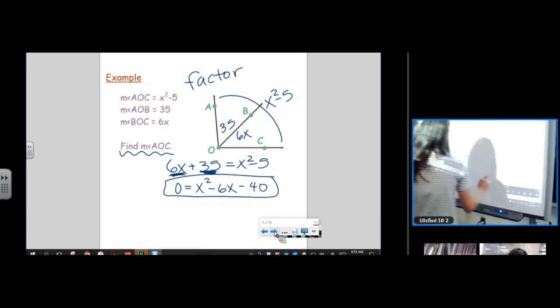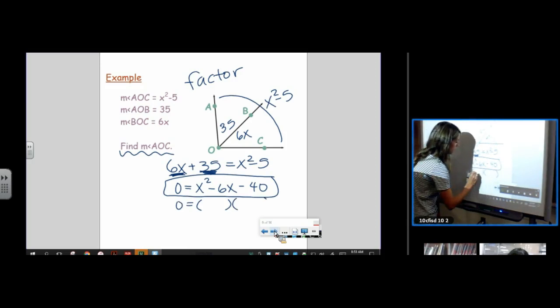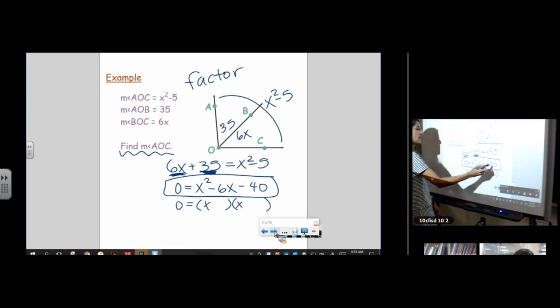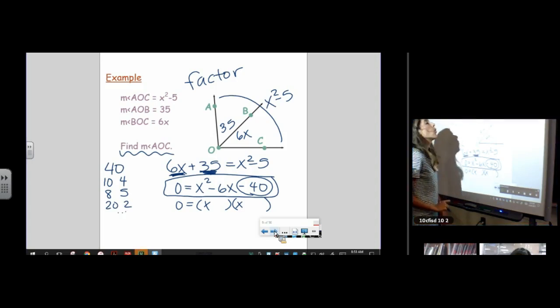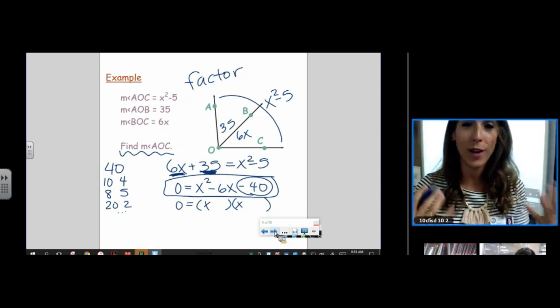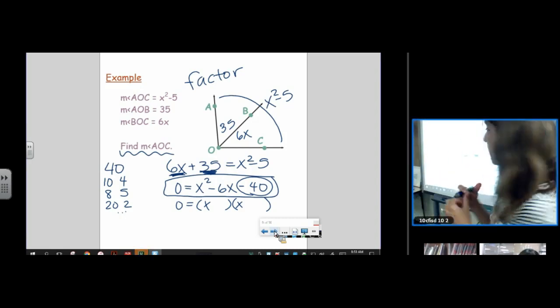When we factor this, we want numbers that multiply to get 40. So we've got 10 and 4. We've got 8 and 5. We've got 20 and 2. We need the pair that we can create a 6 with.